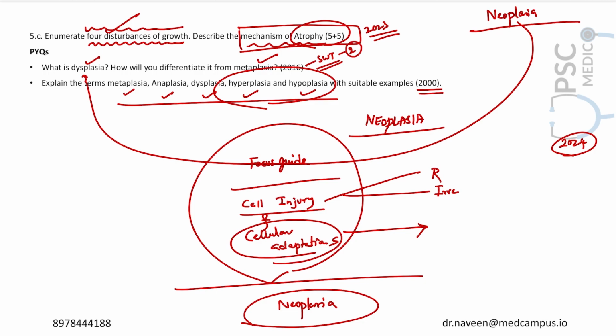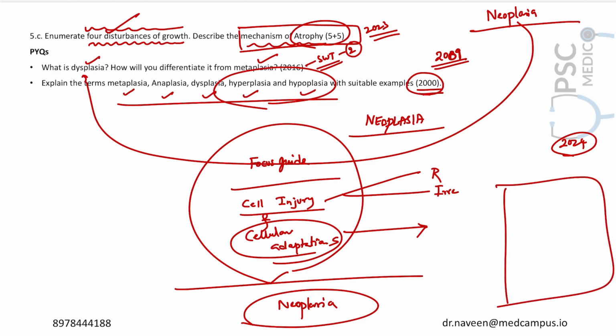I think maybe the examiner got confused here, because from 2009 onwards the syllabus changed. Before 2009 there were questions on cell injury and cellular adaptation. In 2009 a major change happened in medical science optional. They removed these topics, but because the database has these questions, I think even the paper setters are getting confused, and they are confusing us.